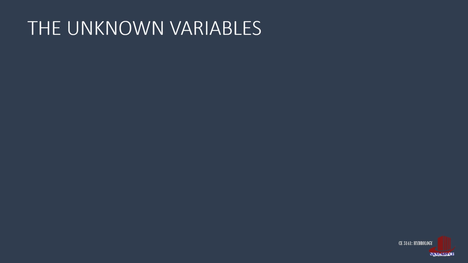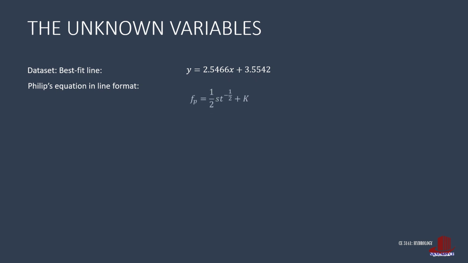After figuring out the function of the best fit line, y as equated to 2.5466x plus 3.5542, configure this according to the parameters required by Phillips model. That is f of p as equal to half of s multiplied by t raised to negative 1/2 plus k.